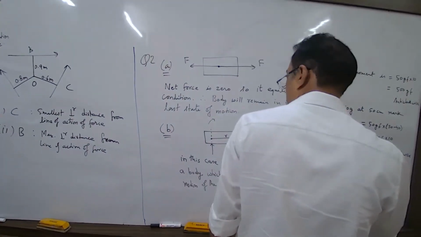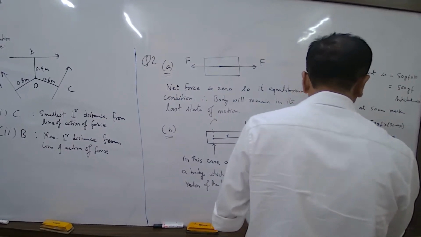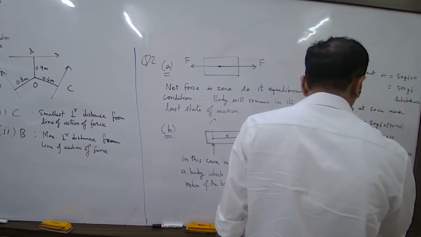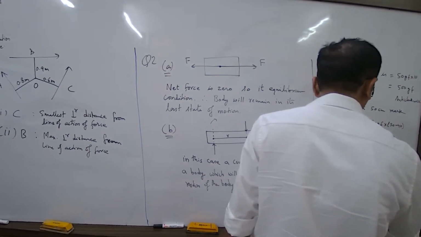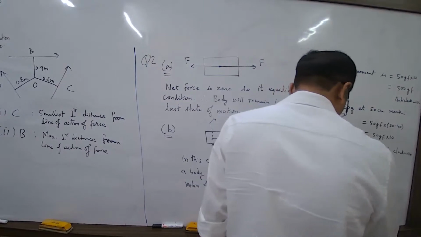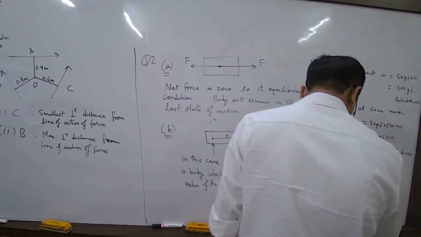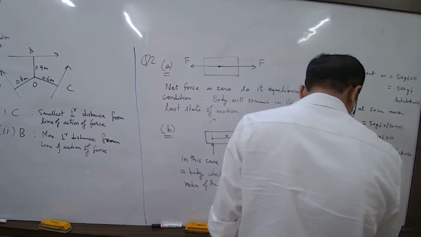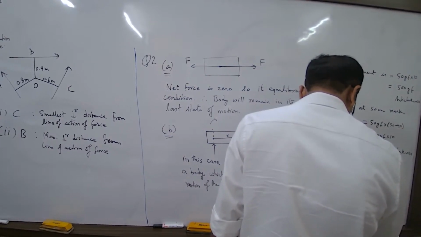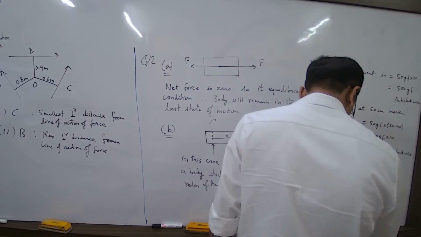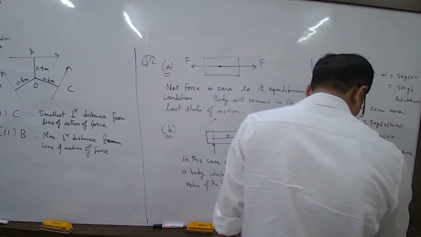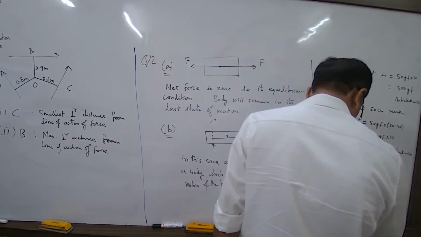See, this is question 3, right? If the body is free, if I apply force, it will begin to move in this direction, right? But if the body is pivoted at a point, let us say the force is applied in this direction.